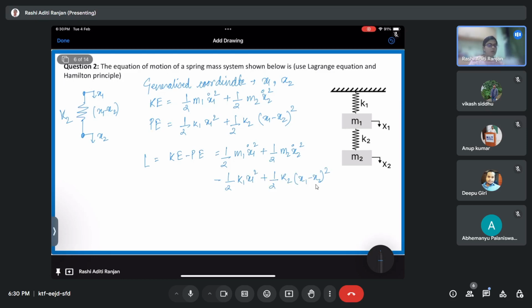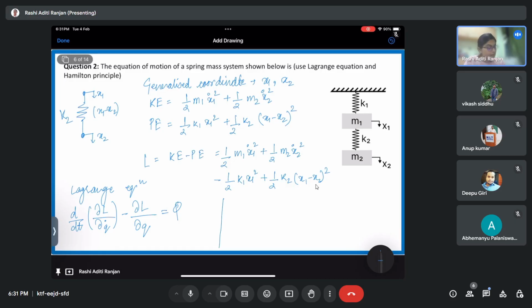Okay. Now I have two ways by which I have to find out the equation of motion. One is the Lagrange equation. Now what does the Lagrange equation say? The Lagrange equation says that d by dt of partial derivative of Lagrange L with respect to generalized velocity minus partial derivative of Lagrange with respect to the generalized displacement is equal to Q, which is the generalized force, right?